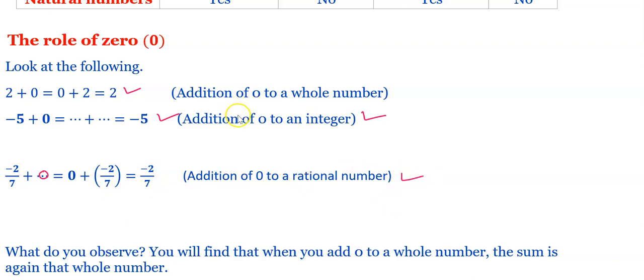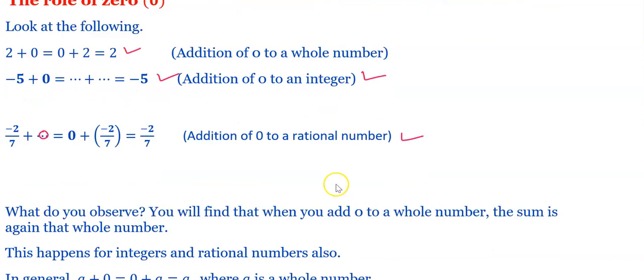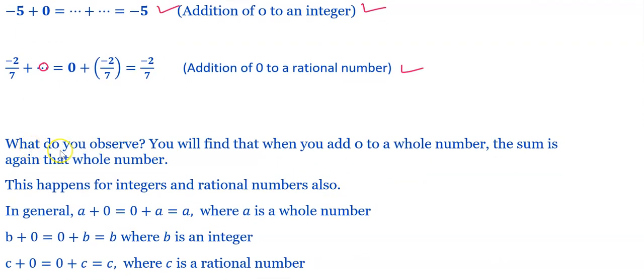What do we conclude here? We have added 0 to a whole number, integers and rational numbers. What do you observe? When you add 0 to a whole number, the sum is again the whole number. This happens for integers and rational numbers also.